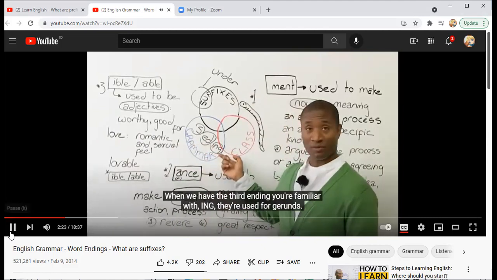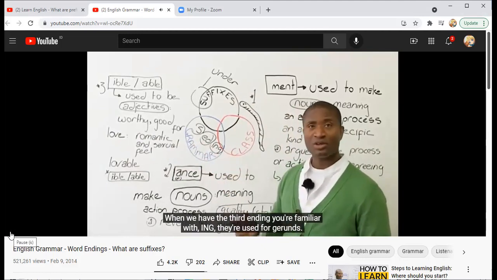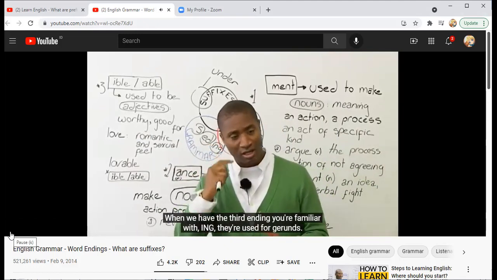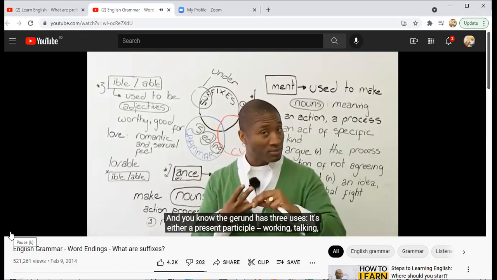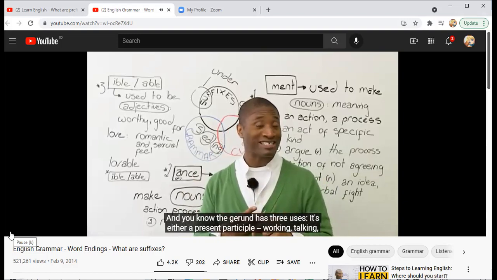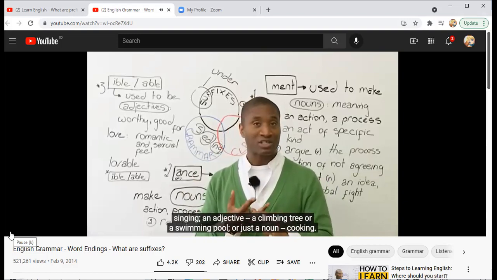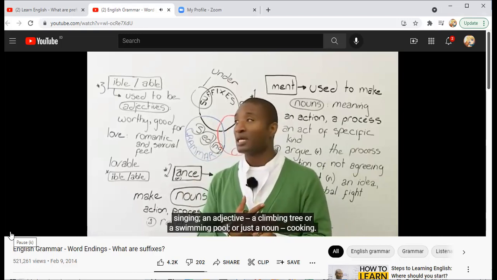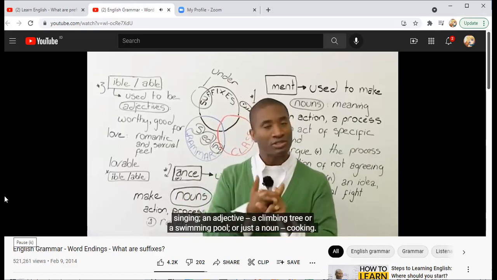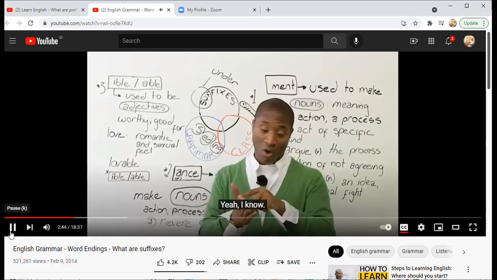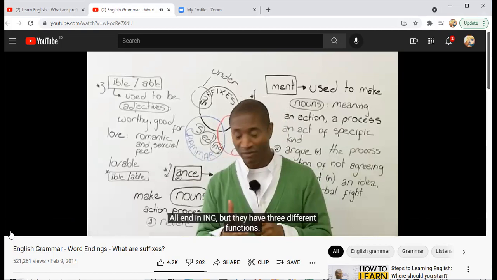The third grammar suffix that you're familiar with, ing, is used for gerunds. And you know the gerund has three uses. It's either a present participle, working, talking, singing, an adjective, climbing tree, or explaining, or just a noun. Yeah, all end in ing, but they have three different functions.